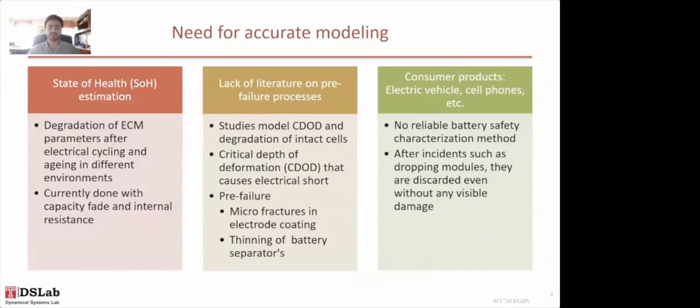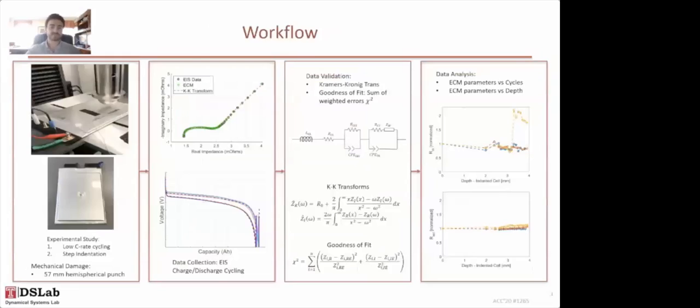This brings us to pre-failure detection and mechanical damage in lithium-ion pouch cells. Currently, in the automotive industry, there is no reliable battery safety characterization method, and battery packs are scrapped when minor accidents occur. The two experiments in this study include step indentation and charge-discharge cycling following hemispherical punch.